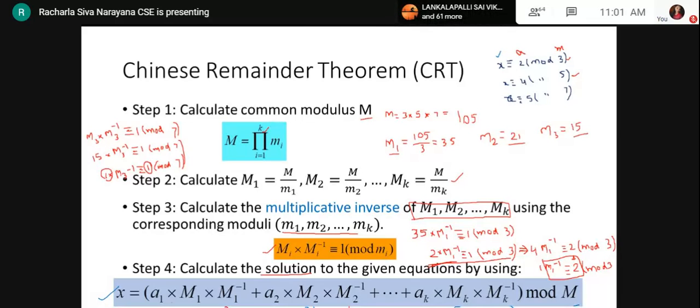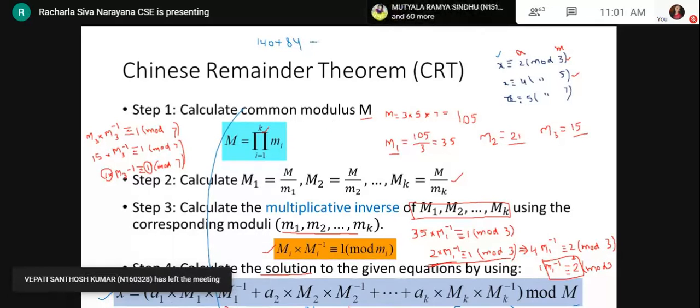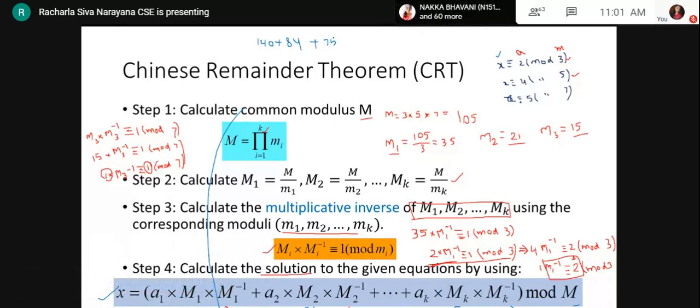So we have to perform this. 2 into 35 into 2 is 140, plus 4 into 21 into 1 is 84, plus 5 into 15 into 1 is 75, whole mod 105.